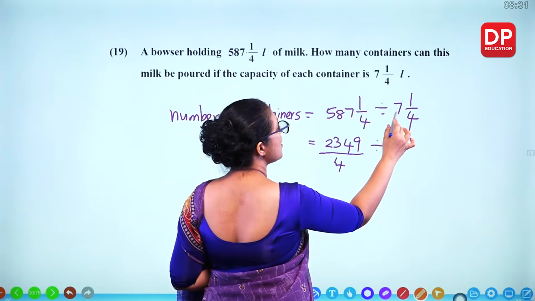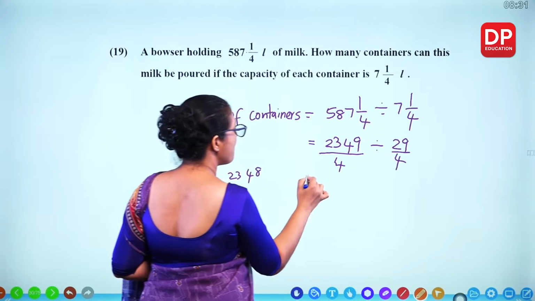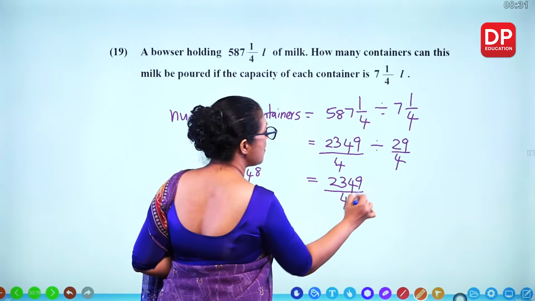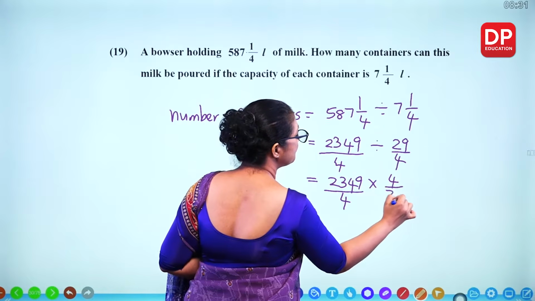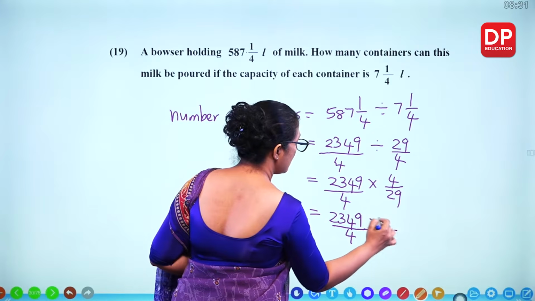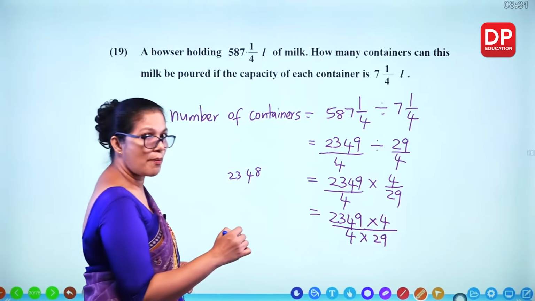This one, 7 times 4, 28 plus 1, 29. Now convert to multiplication by taking its reciprocal. Multiply the numerator separately and the denominator separately and cross out the common factors.